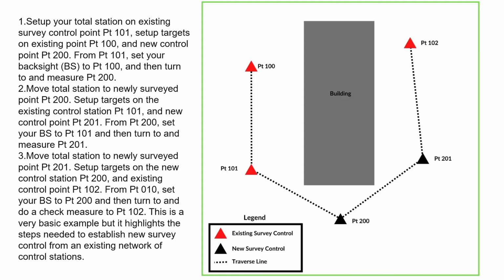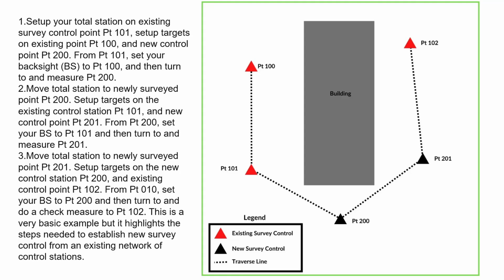From point 201, set your backsight to point 200 and then turn and do a check measure to point 102.